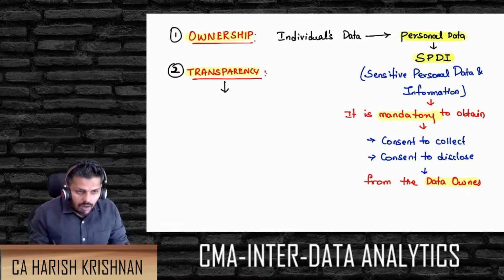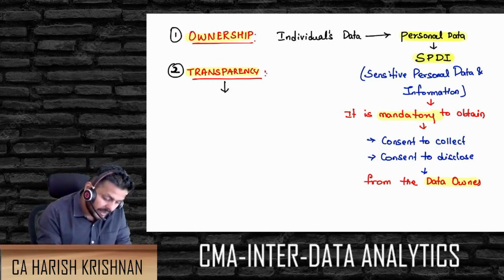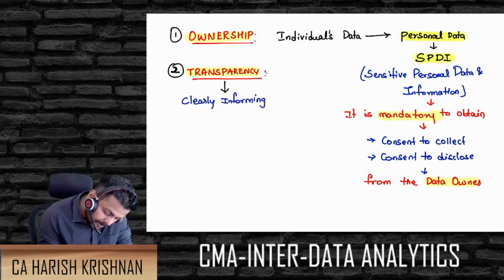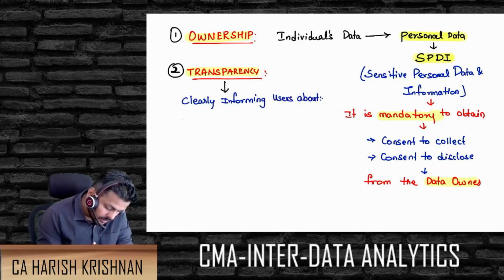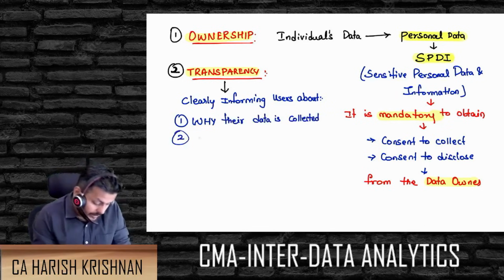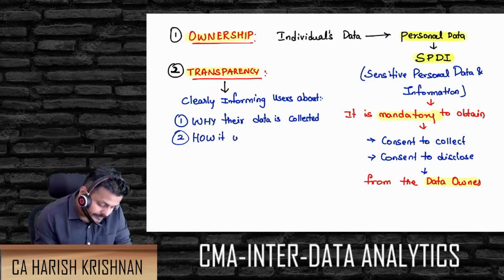Transparency means clearly informing users, one, why their data is being collected, and second, how it will be used. These are the two points, why and how.